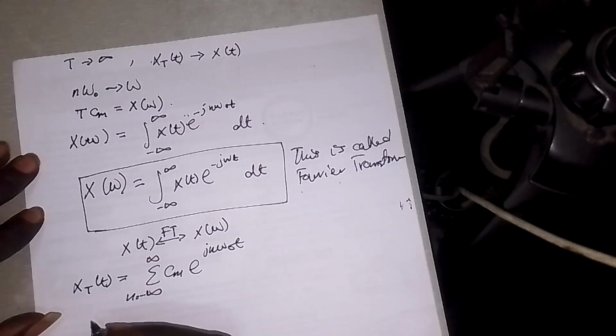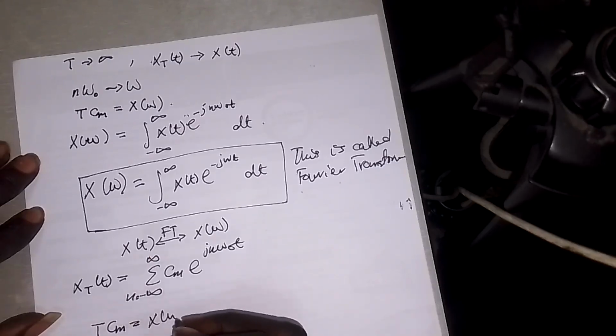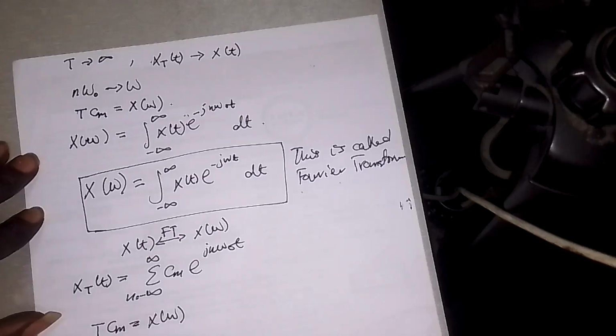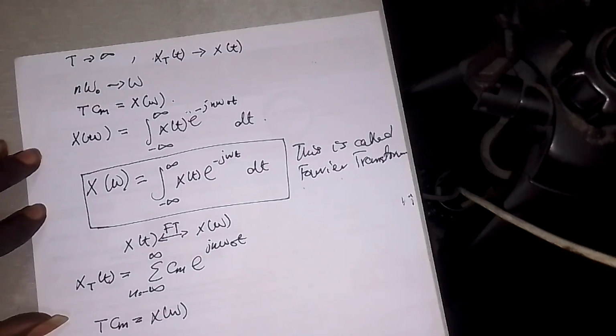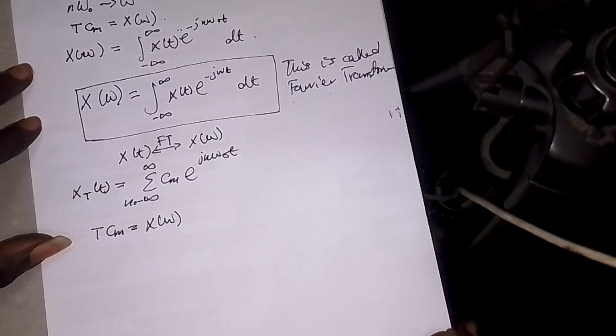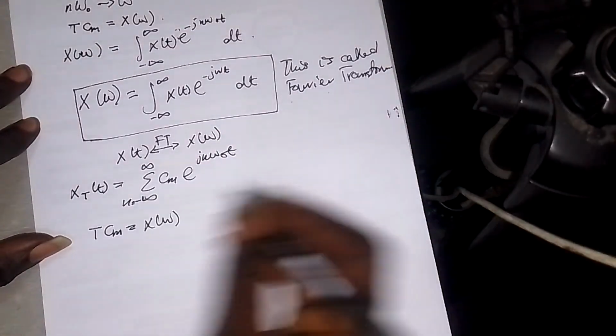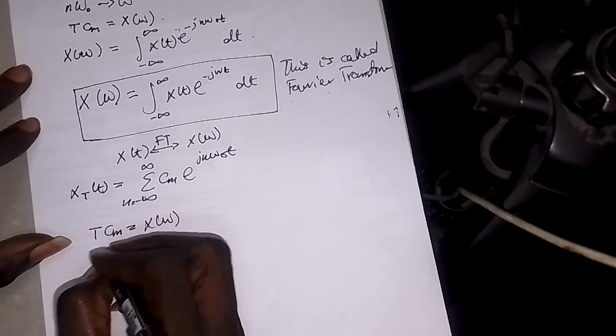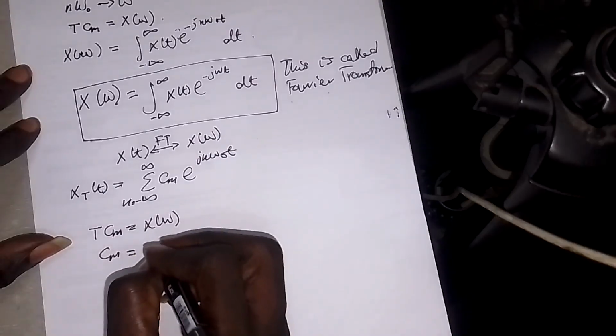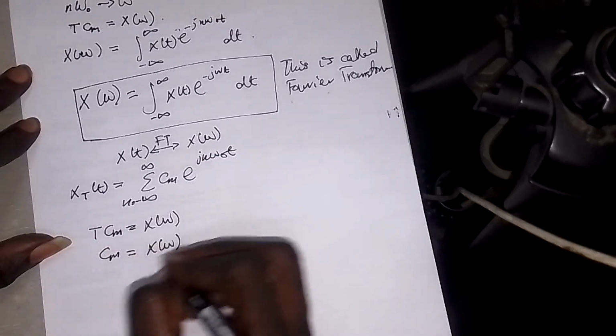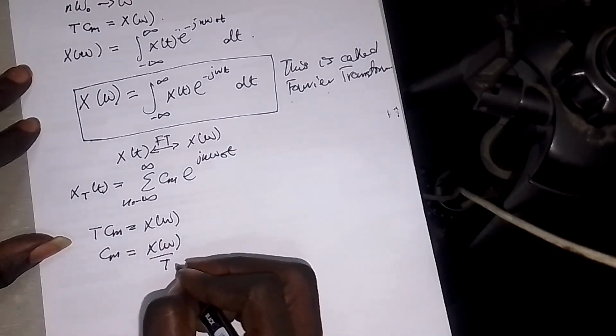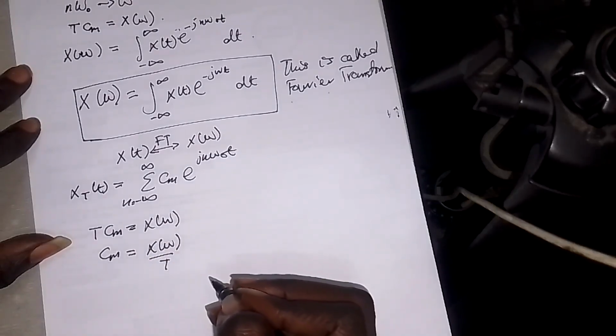From our previous formula, we can deduce that T C_n is equal to X of omega. So what we can say is that C_n is equal to X of omega over T.